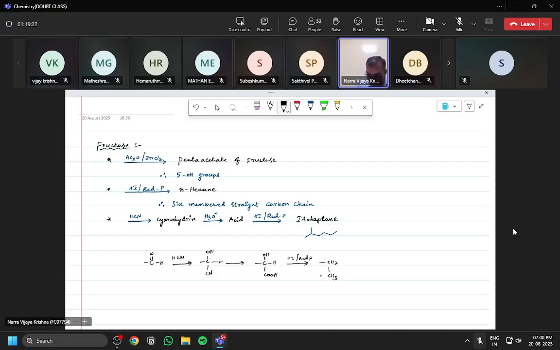So if it is an aldehyde, it becomes a straight chain. But you got a branched chain. Means it is not an aldehyde. So you have a carbonyl group, but not an aldehyde group. Means it must be a keto group, and that too present at the second position. So based upon this, we confirm the presence of a keto group at the second position.